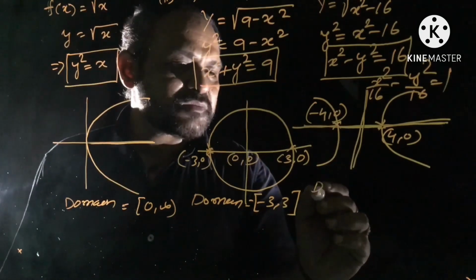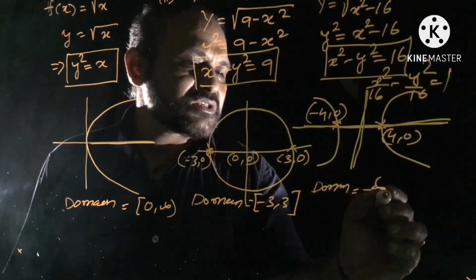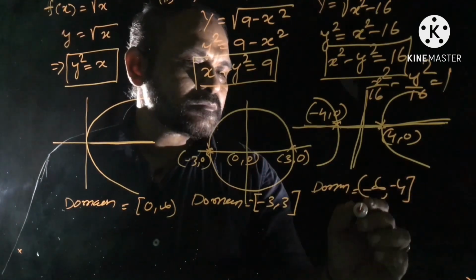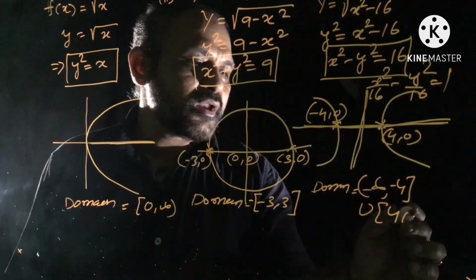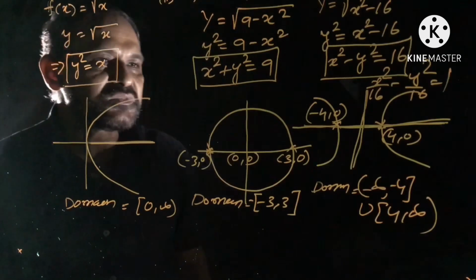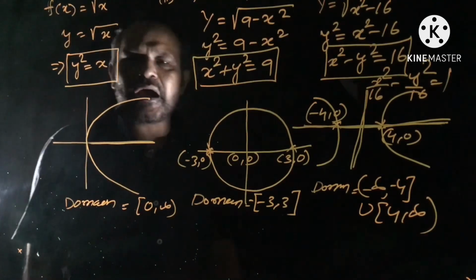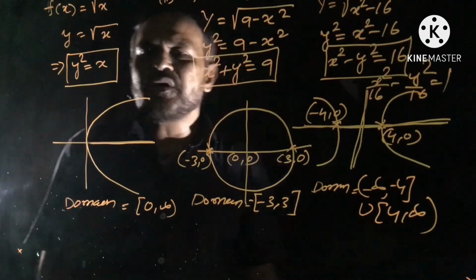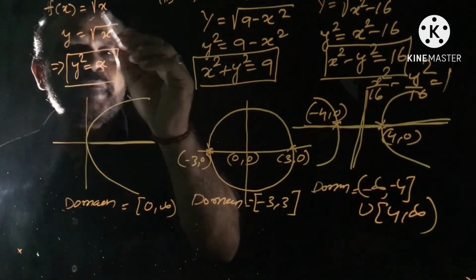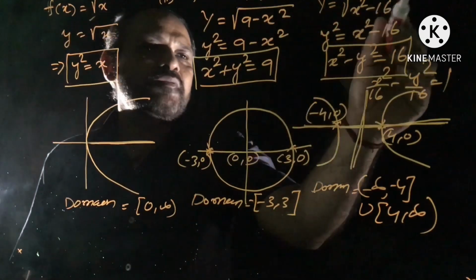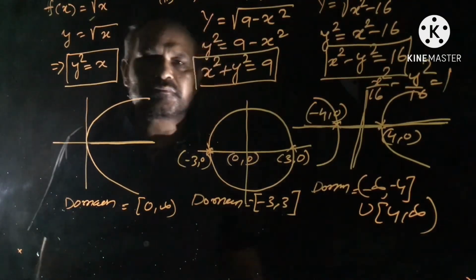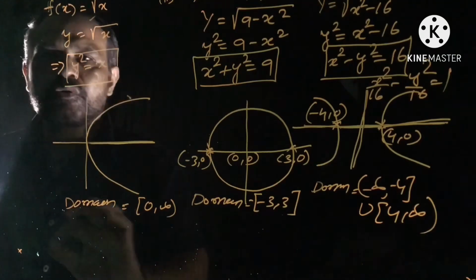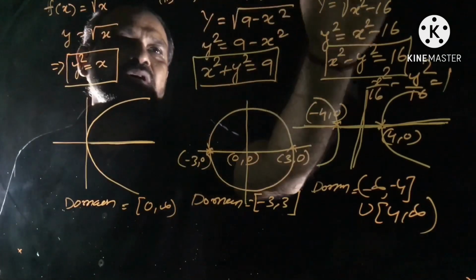So the domain of this function is minus infinity to minus 4 union 4 to infinity. If we have an idea or knowledge about conic sections, then we can find out the domain of this type of equation.